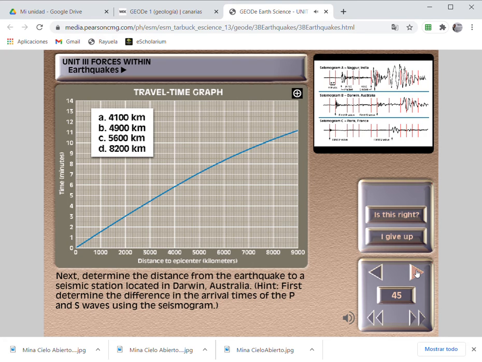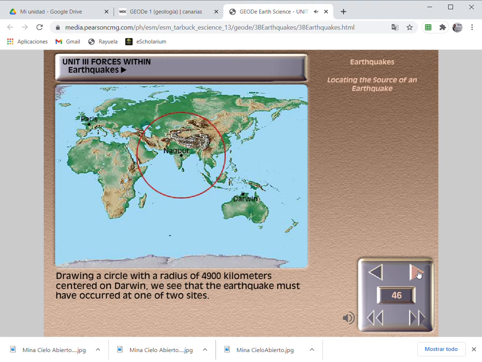Next, determine the distance from the earthquake to a seismic station located in Darwin, Australia. Drawing a circle with a radius of 4,900 kilometers centered on Darwin, we see that the earthquake must have occurred at one of 2 sites.